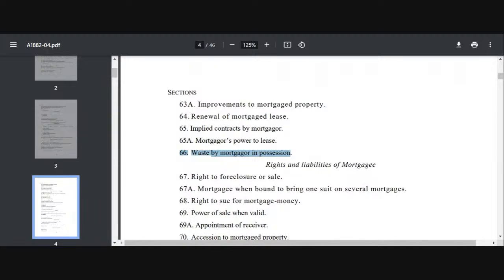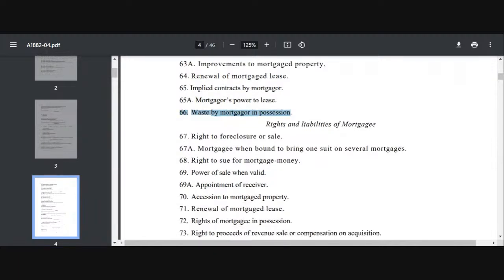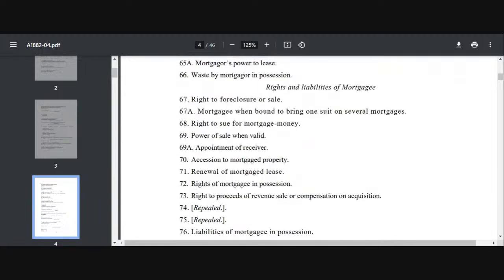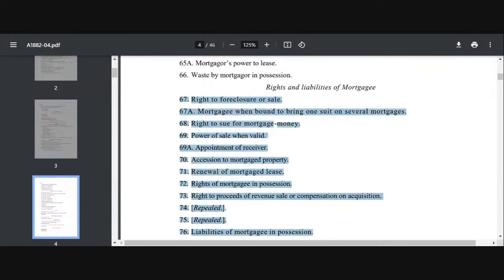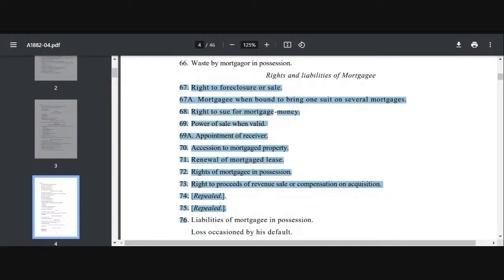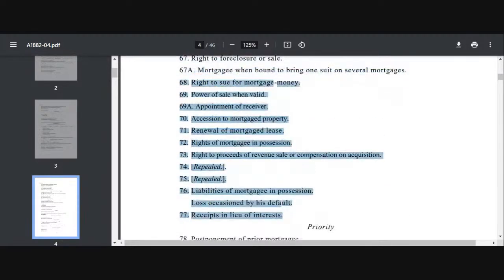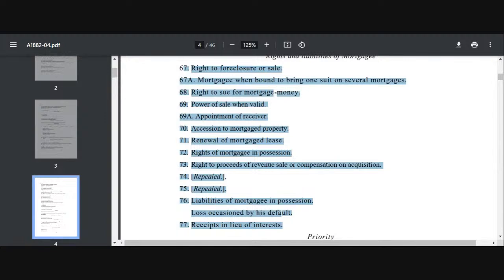And rights and liabilities of mortgagee is given from section 67 till section 77. 10 rights and liabilities given, जिसमें 74, 75 and is repealed only, ठीक है. Right to foreclosure or sale is one of the most important rights of mortgagee. So please go through it.